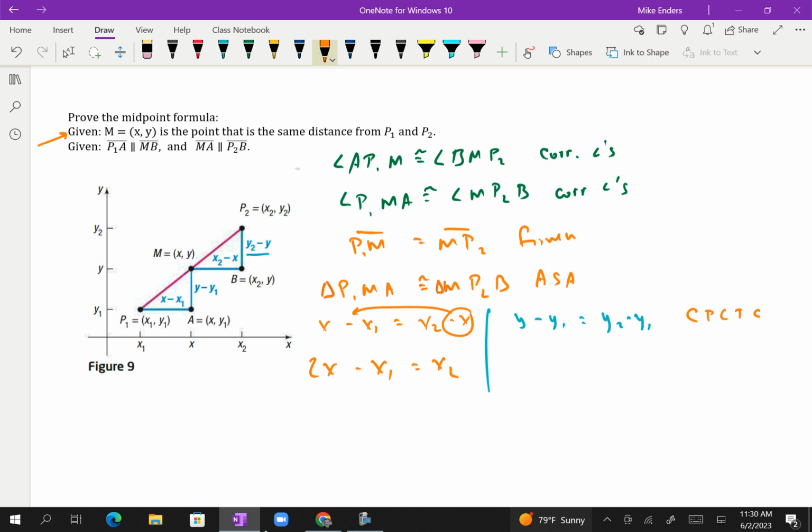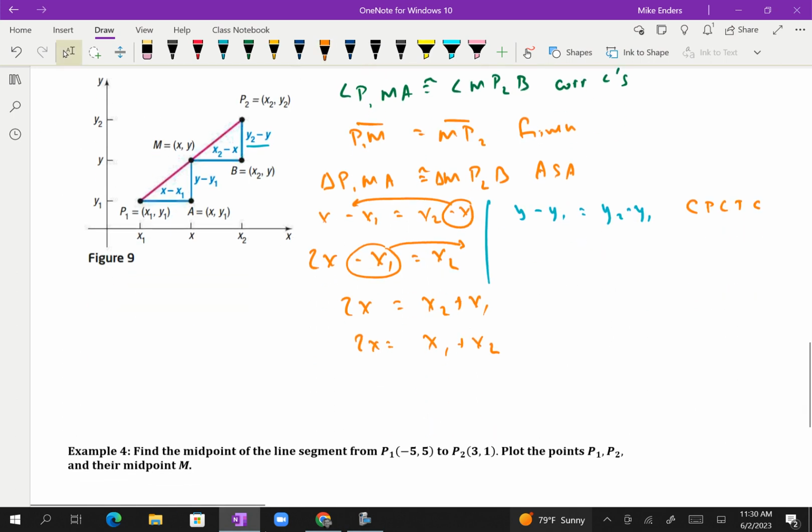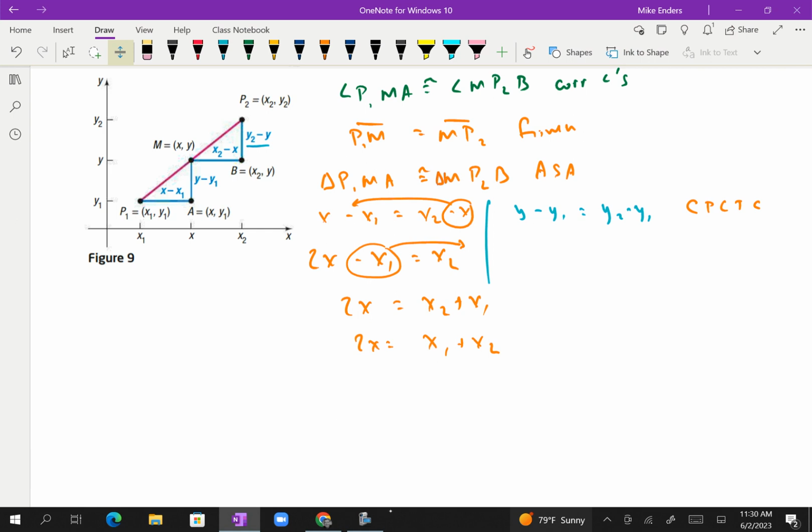If I want to get the x's by themselves, let's move this minus x1 to the other side. We'll do that by addition. So 2x equals x2 plus x1. I'm going to rewrite that in numerical order as x1 plus x2. Again, it really doesn't matter, but just for the sake of some consistency in a moment.